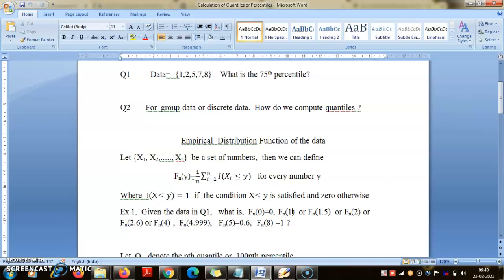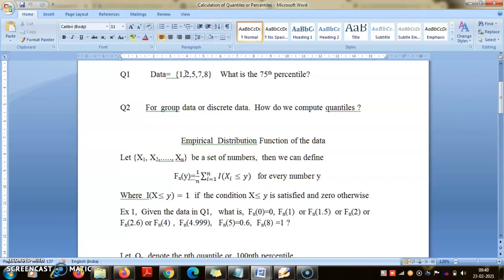Now what is F_n(1.5)? This is a number between 1 and 2, but only 1 is less than 1.5, and the other numbers are bigger than it, so it will be 1 by 5 only. Now if I go to 2, then 1 and 2, two numbers, are less than or equal to 2, so that will be 2 by 5. Now what is the maximum value? 8. What is F_n(8)?